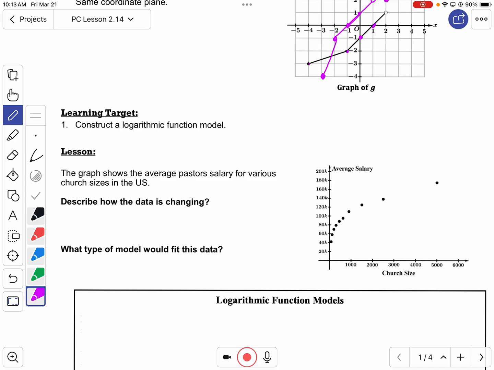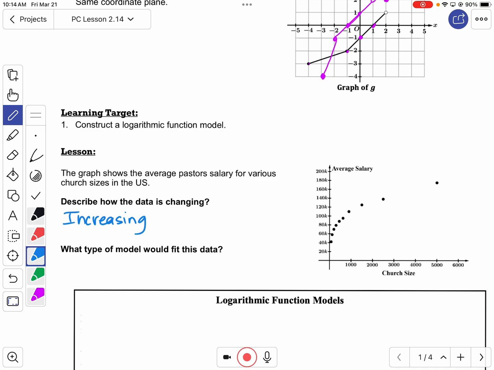Well, would you say it's increasing or decreasing? It is increasing, I would agree. Is it increasing at a constant rate?